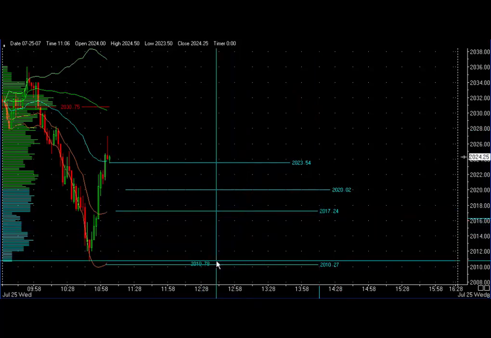Depending how long it takes for the market to come down, he may want to raise that final profit target to another tick or two above that.